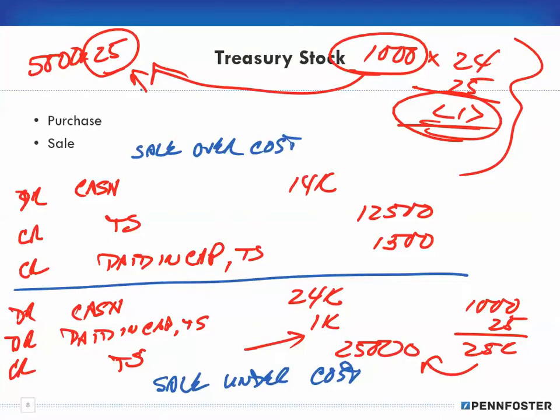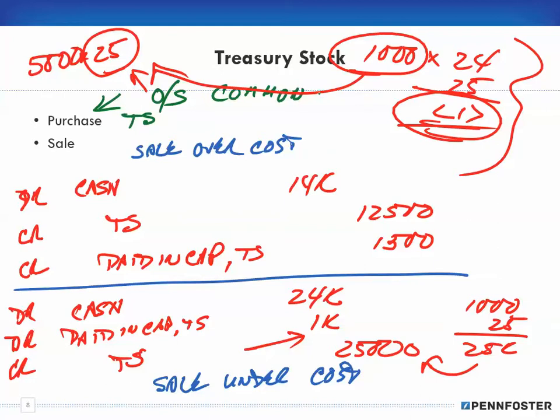Now, to quickly recap, because we're going to talk about retiring. We had outstanding shares of stock, common stock or preferred, whatever. We decided to purchase the stock, and when we do, that becomes treasury stock.